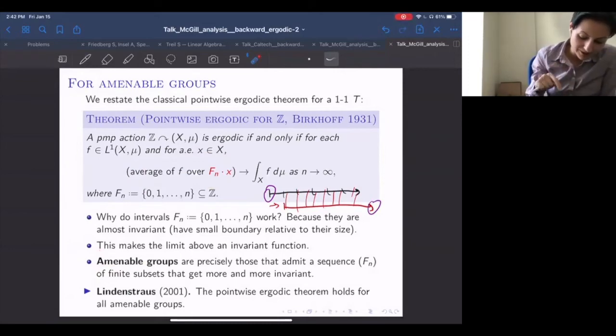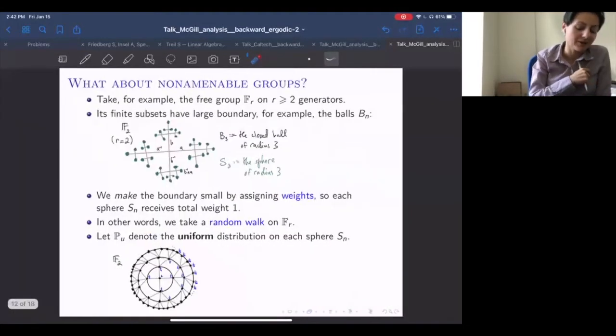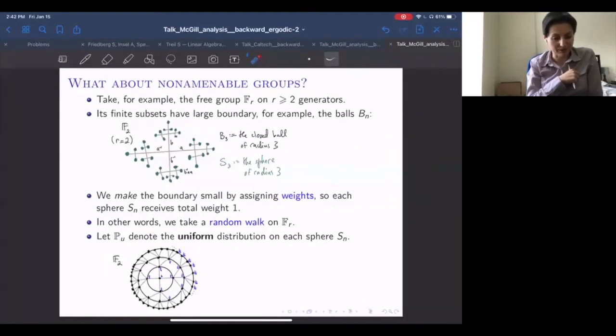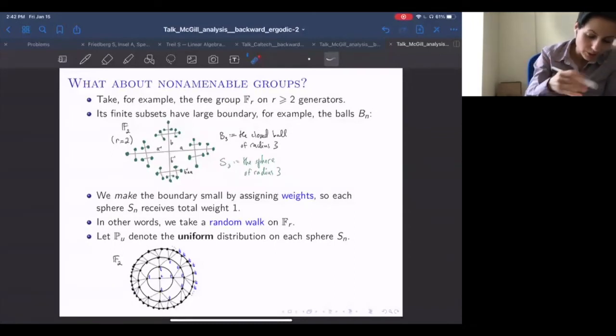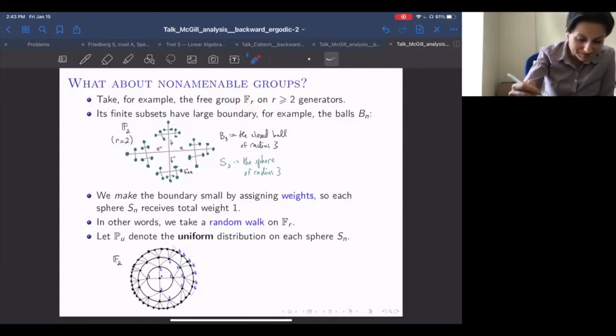However, mathematicians find a way to prove more theorems, and there are ergodic theorems for non-amenable groups. So let's understand them. A typical non-amenable group, the only one I can work with, is the free group on 2 or more generators. Its finite subsets have large boundary because it's a tree.